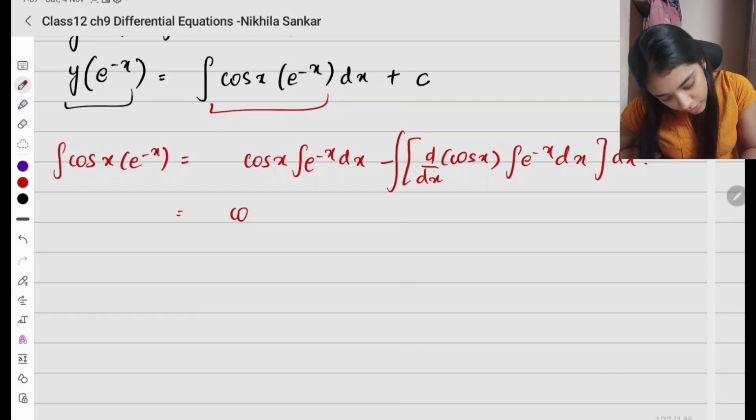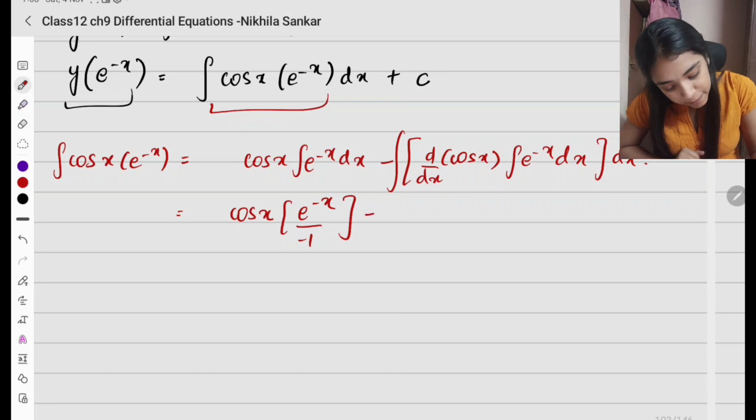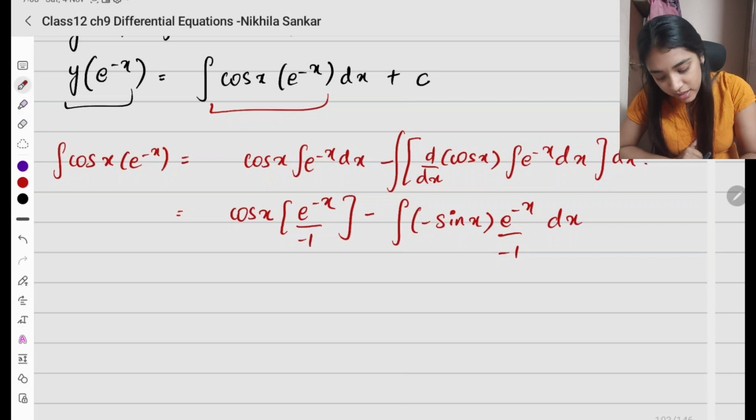I'm going to have cos x times the integration of e to the minus x, which is e to the minus x divided by minus 1, because there is a minus x in the power. When you integrate, you get a minus 1. Minus integration of d by dx of cos x, which is minus sin x, times the integral of e to the minus x, which is e to the minus x divided by minus 1, times dx. Okay, now what is going to happen? This minus also becomes plus. So plus. So what am I going to have?